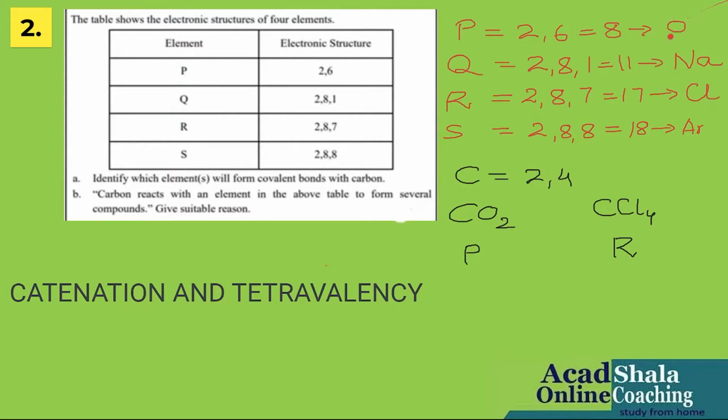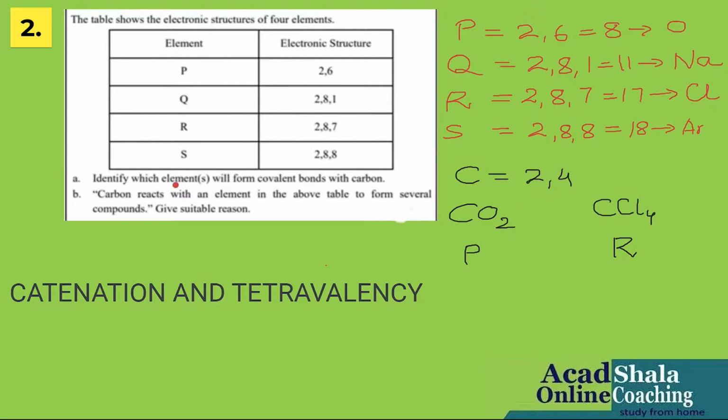So I have written oxygen. Next, Q 2,8,1: adding up, 11, it's nothing but the element sodium. R 2,8,7: adding up, 17 atomic number, it is chlorine. S 2,8,8: that is 18, so the atomic number is 18 and the element is argon.